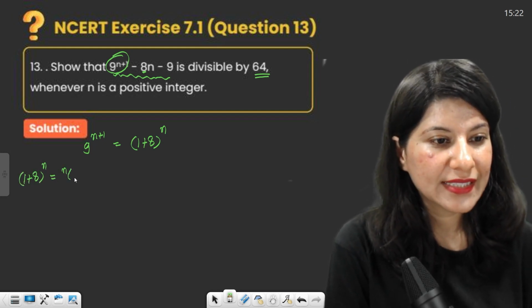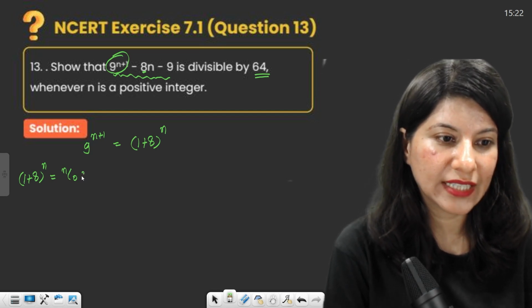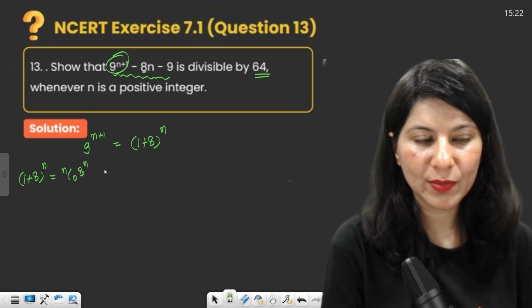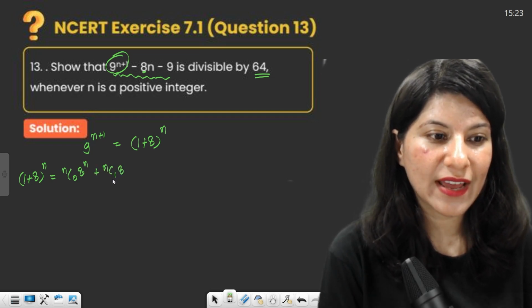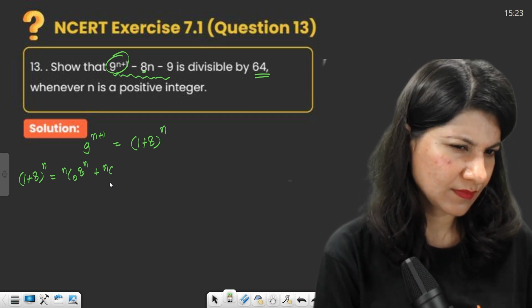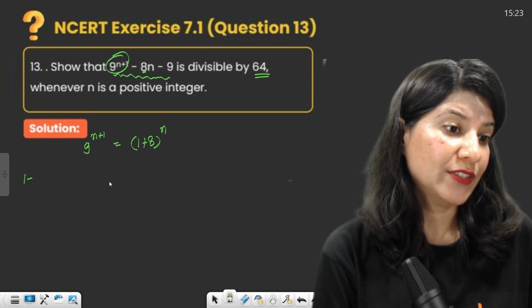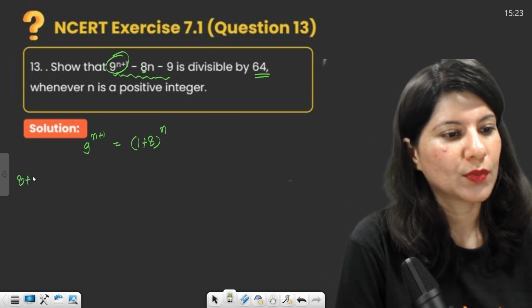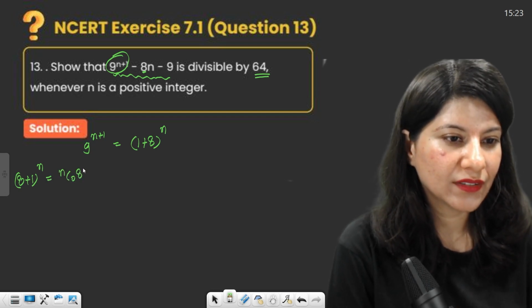Okay. So NC0 and 8 raised to power n. Actually, we should write 8 plus 1 raised to power n.